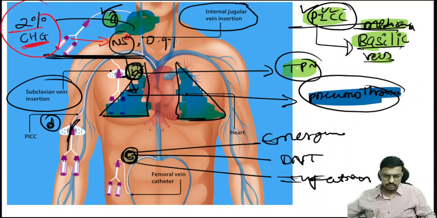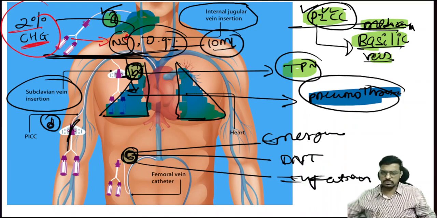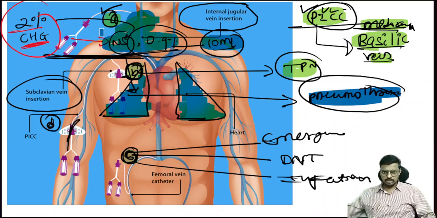The most preferred syringe to give the flush is a 10 ml syringe. Very important.